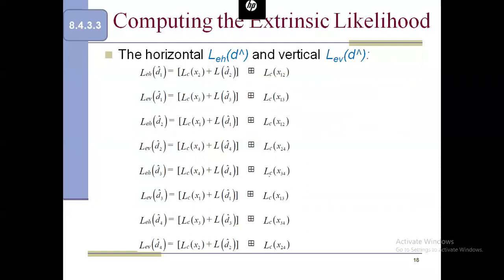Because in the next iteration, for the horizontal extrinsic likelihood ratio, you will use the vertical one. And for the second iteration of the horizontal likelihood ratio, you will use the second vertical likelihood ratio.